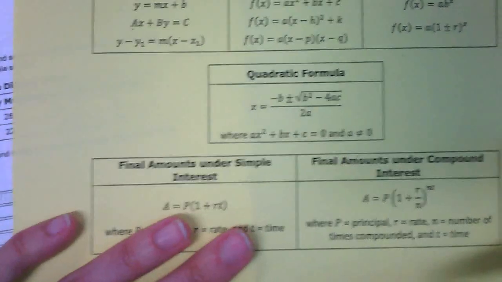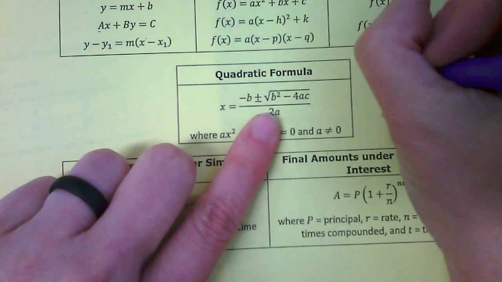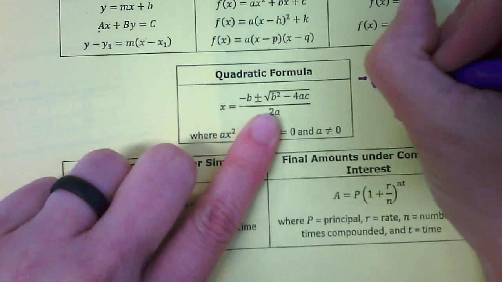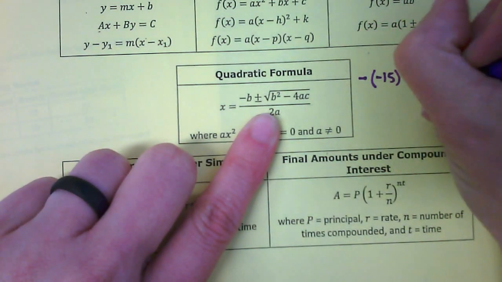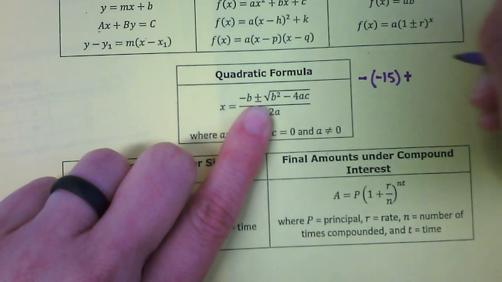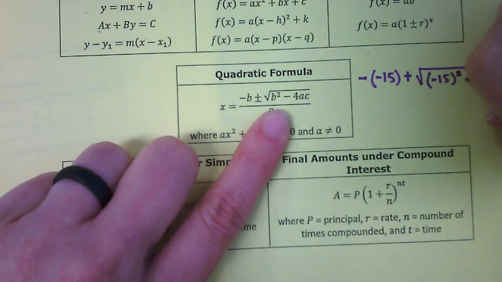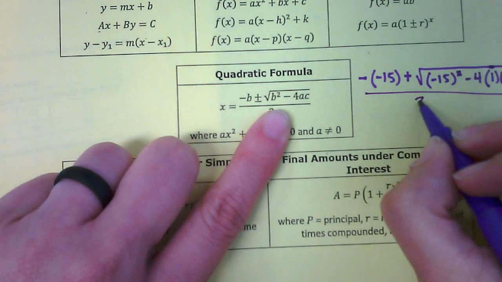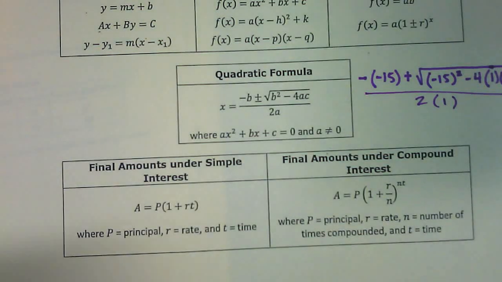With our quadratic formula here, we would say negative, and then the B is -15. Plus, because we're going to have to do one solution with a plus, one with a minus, and then we would plug in the -15 again for the B, -4 times the A was 1, the C was 14, and then we're going to put it over 2A.